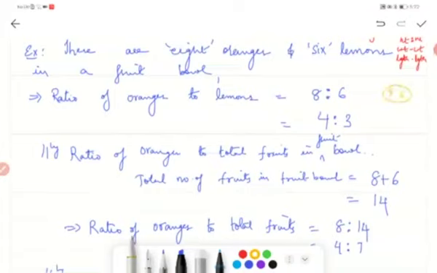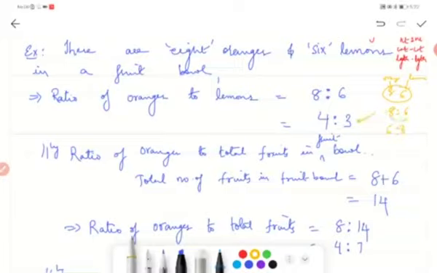If I ask the ratio of oranges to lemons, it is 8 is to 6, where 8 is oranges and 6 is lemons. If I ask the ratio of lemons to oranges, then it is 6 is to 8. For 8 is to 6, 2 fours are 8 and 2 threes are 6, so it is 4 is to 3.